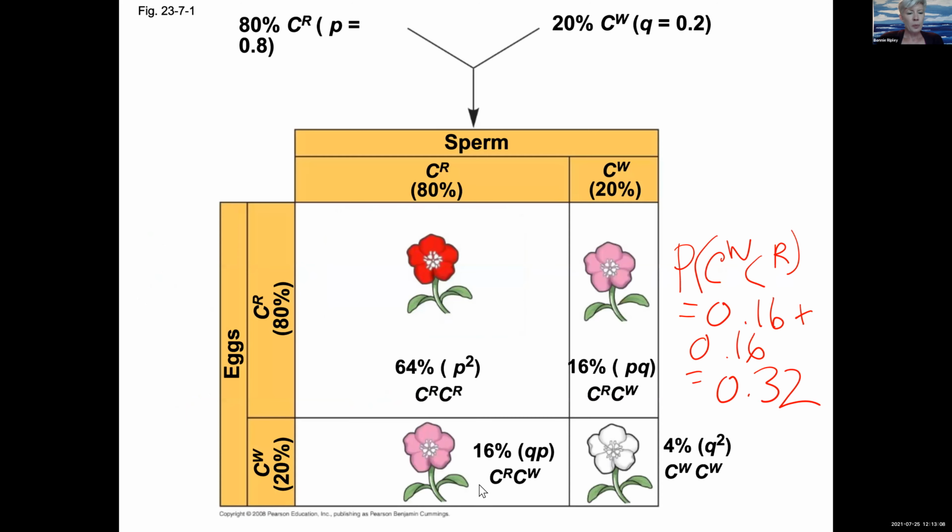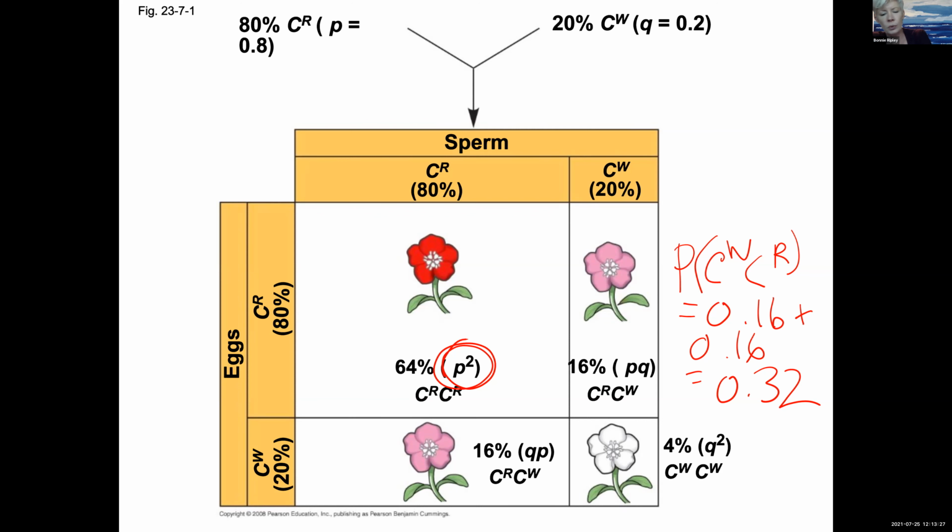So if we use little p and little q, what we're doing when we do these multiplications is we're doing p squared to find our homozygous dominant frequency of offspring.